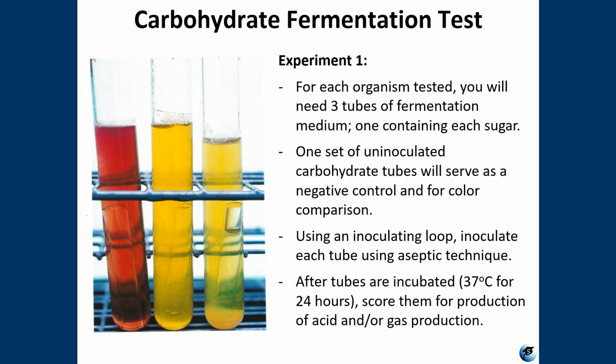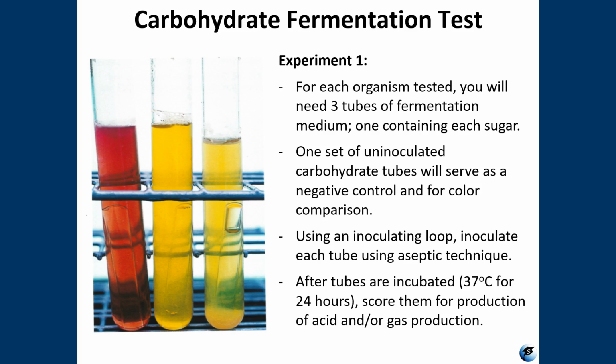So what we do is we use a control that has been incubated, but it's not been inoculated. There's no bacteria in it. And you hold that up next to your test tube and see if the color has turned more yellow or if it stayed the same. And that helps you to determine if you have acid production. And we'll talk about this some more in lab.